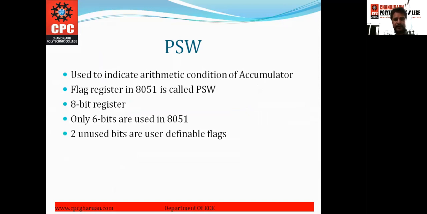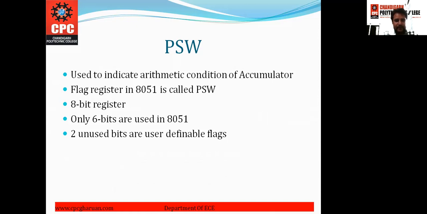It is used to indicate the arithmetic condition of the accumulator. We can check the status of the accumulator by using the PSW, that is the program status word. Flag registers in 8051 are also called the program status word.